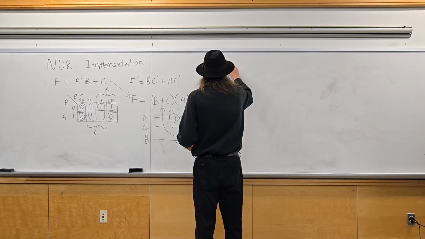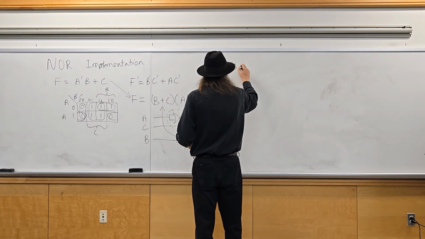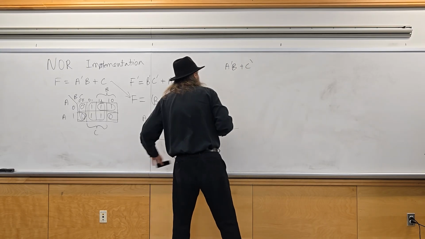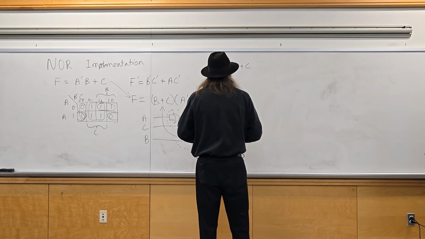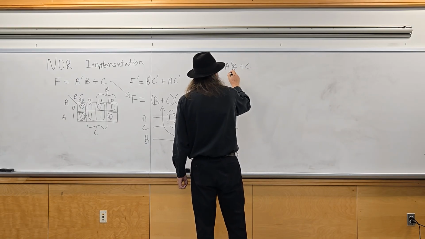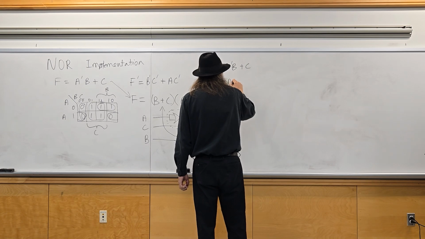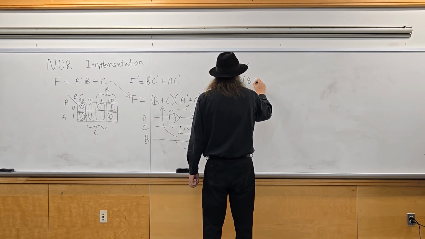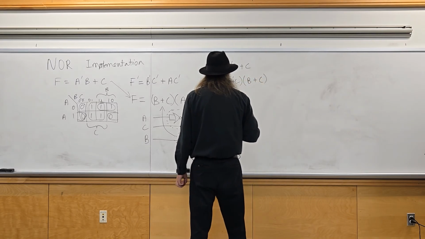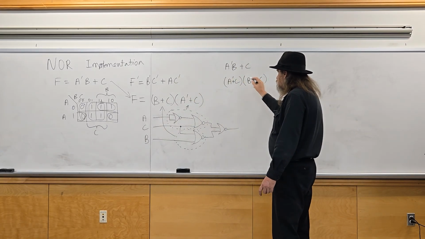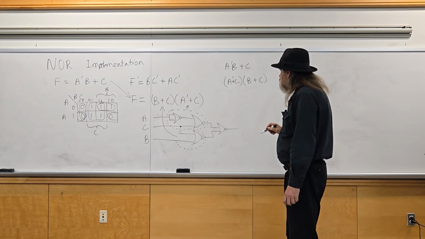A prime B plus C is, well, just the distributive property, so it'd be A prime plus C times B plus C, which is what we got here, just with the terms reversed.